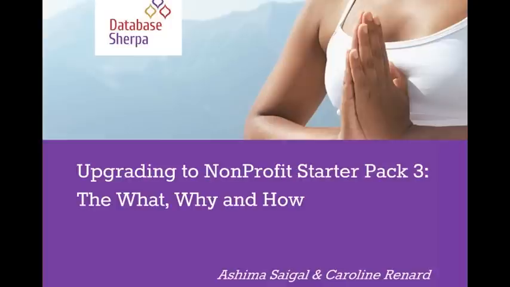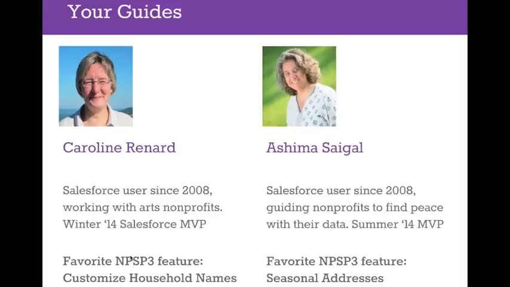Okay, so let's talk about what our journey is today. Oh, sorry, Caroline, I forgot we had our slides with our pictures. So these are what we look like, and a little bit of information about us. Caroline is a winter 2014 Salesforce MVP, working primarily with arts organizations that are nonprofits.